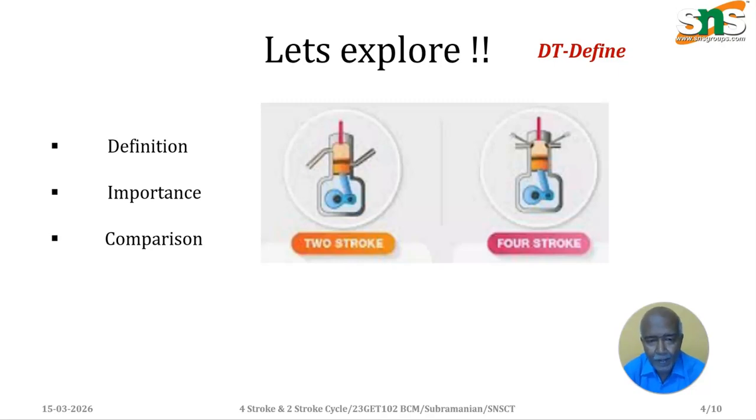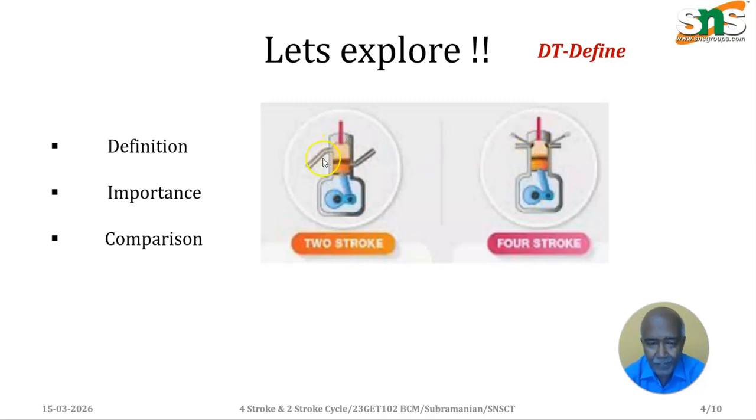The definition is that in 2-stroke engines, a spark plug will be located, and an inlet port and an exit port will be there. Whereas in the 4-stroke engine, a fuel injector will be located, and there is an intake valve and exhaust valve, such that the fuel will be injected through the fuel injector, whereas the air will be supplied separately, and combustion takes place inside the cylinder itself.